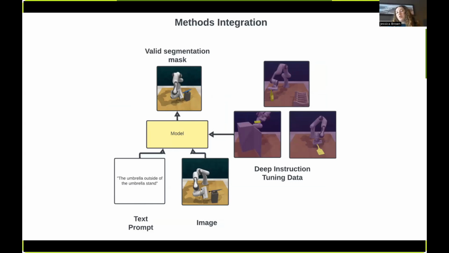The inputs to our unsupervised segmentation method are video demonstrations. Then we take the unsupervised segmentations derived from the video and use them to deep instruction tune the model, which is Segment Anything. During inference, we provide a text prompt and an inference image, and the output is a valid segmentation mask.